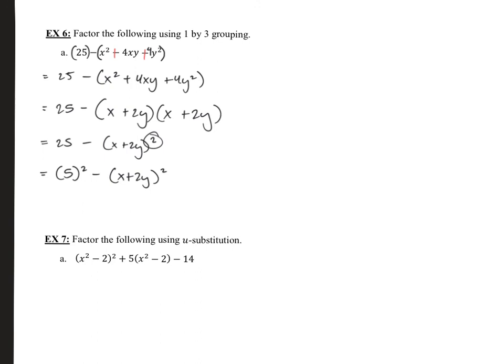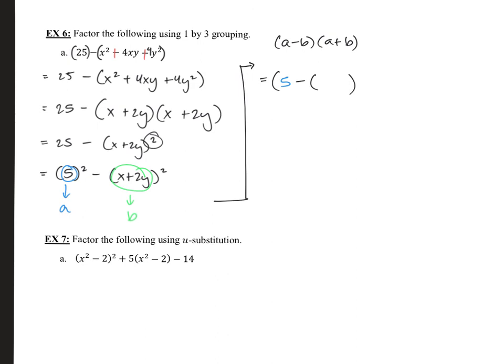Let's see. My a value is 5, and my b value is this really big binomial, x plus 2y. So factoring this out, remember, it factors into a minus b times a plus b. So using that form, my a value, 5, minus my b value, which is x plus 2y.